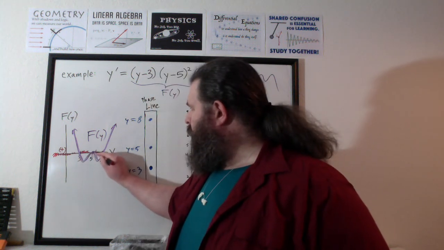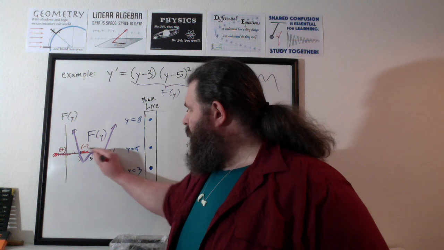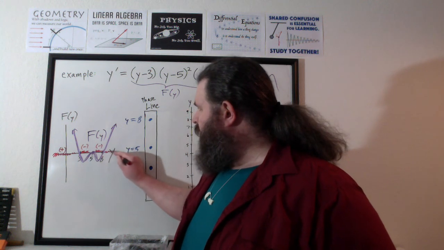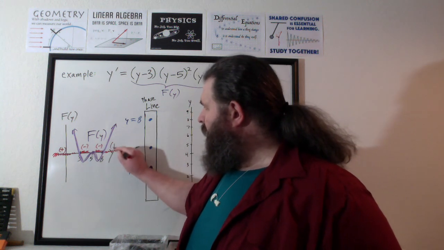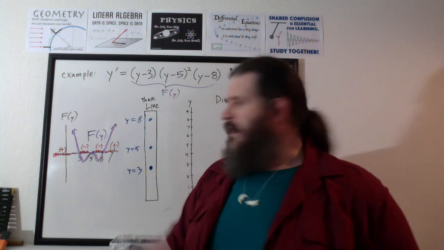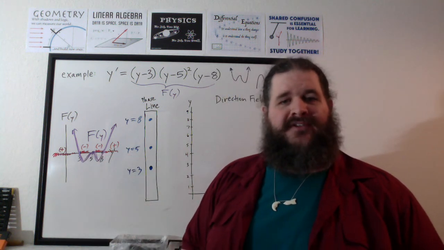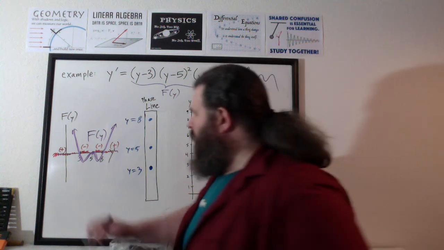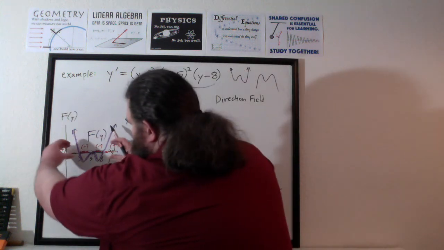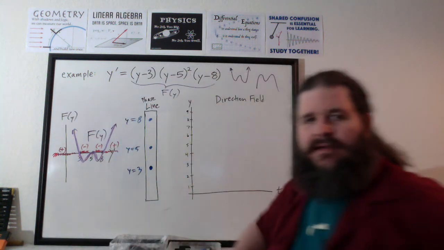This zone and this zone are both going to be negative. And then this zone is going to be positive because it's above the axis. So we're just listing out which regions, which categories or intervals are going to make y prime positive or negative. And then you can essentially take this y-axis, tip it sideways, and you've got your phase line.